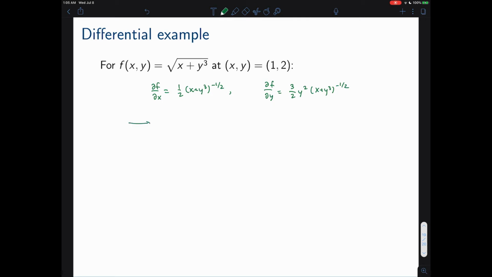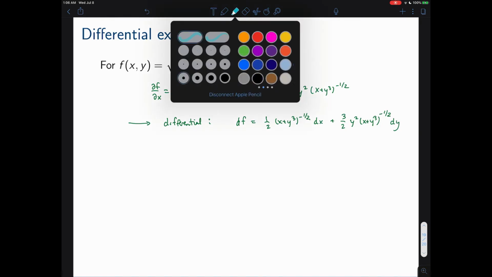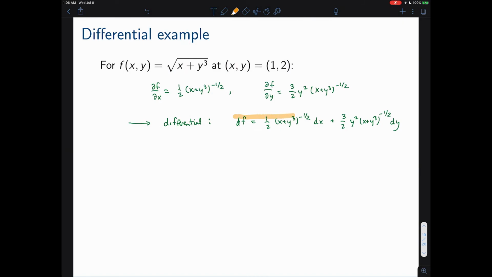And with that, the differential is df equals 1/2 x plus y cubed to the minus half power dx plus 3/2 y squared x plus y cubed to the minus a half dy. And that's it. That's the differential.